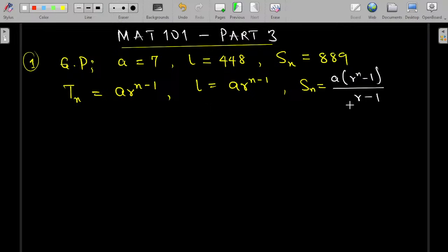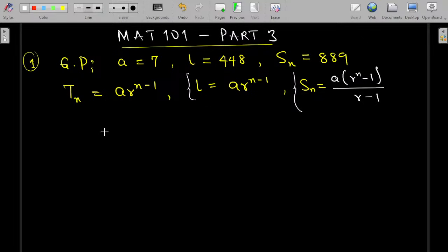This one is when your R is greater than 1, and if you turn it, 1 comes first, that's when your R is less than 1. But we are assuming that, so let's go ahead and see what that will give us. Let's begin with this one.